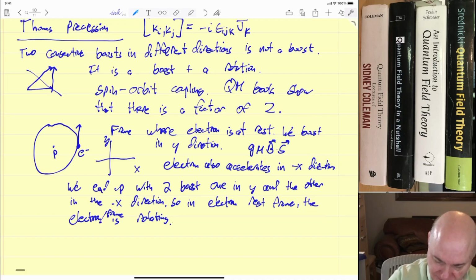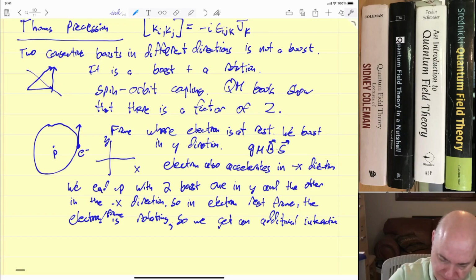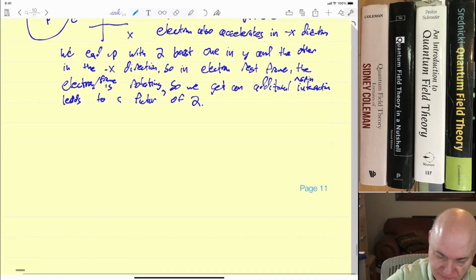So we get an additional spin interaction, and that leads to a factor of 2. It's not exactly a factor of 2, but in the non-relativistic limit it is. Okay, that's all I want to say about the Thomas precession.